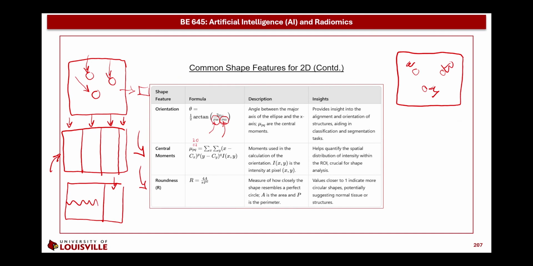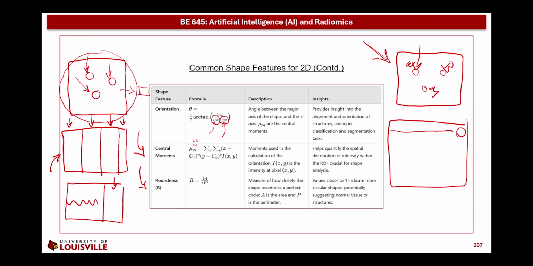Simply, we have dealt with adding a set of features per image, but in this case, we will add a set of features per ROI. So in our classification file, we will get the shape features of the first ROI and add it in our file and add the class here to be normal, and then add another record for the benign here and a third record for the malignant here.